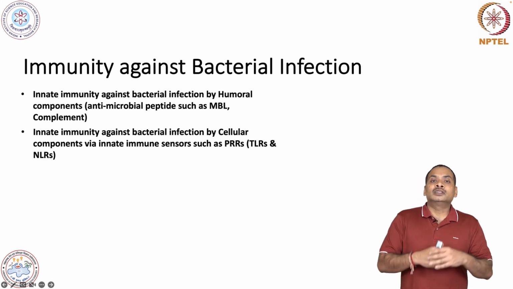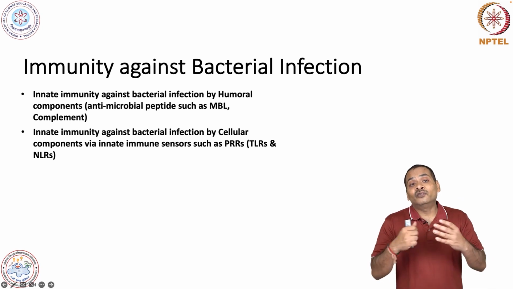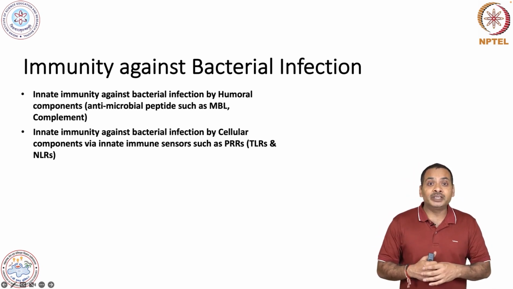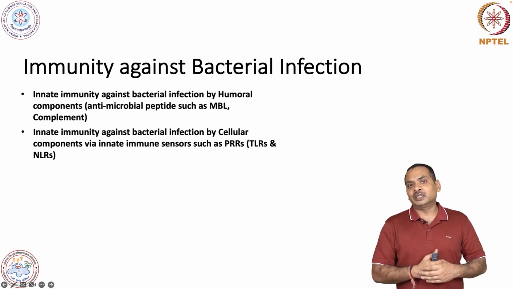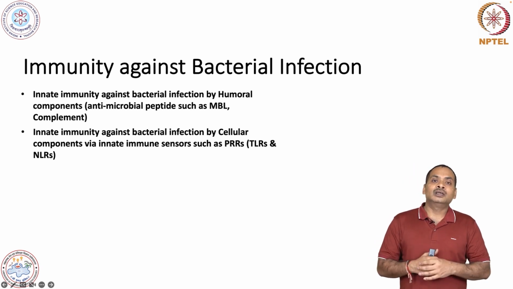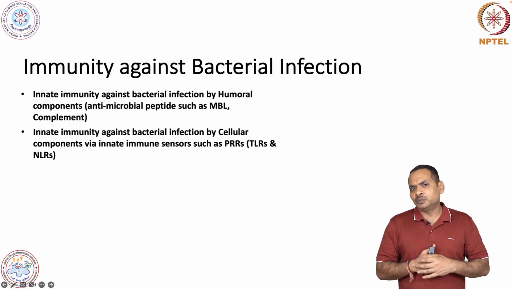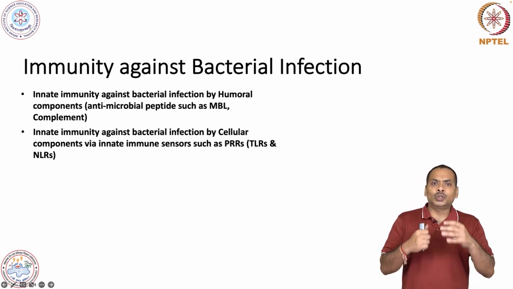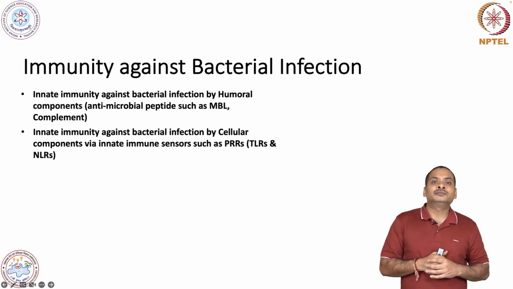Furthermore, these cells or other cells express a very important family of molecules which we call PRRs, pattern recognition receptors. There are various pattern recognition receptors, and the key ones which play a very important role against bacterial infection are toll-like receptors and nod-like receptors, which we call TLR and NLR. Okay.